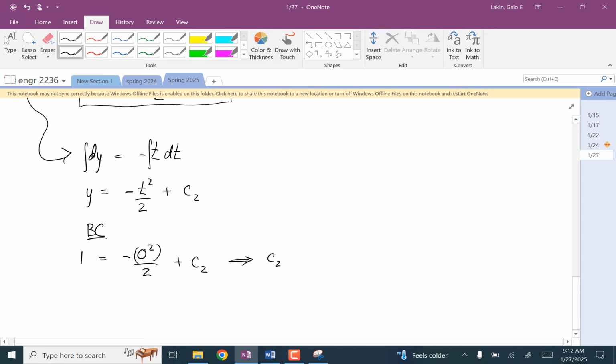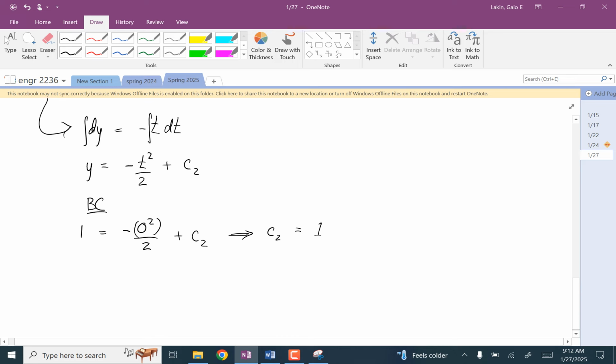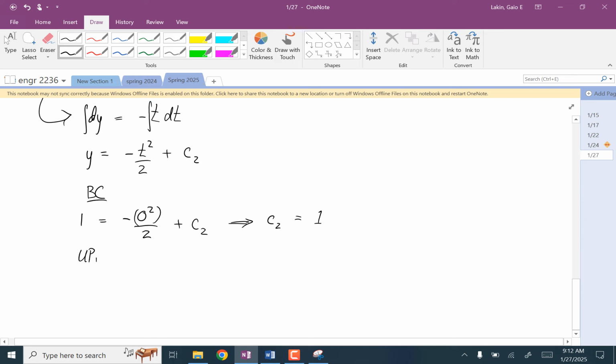So C2 is also equal to 1. And now update. And you get that y as a function of time is equal to -t squared over 2 plus 1.